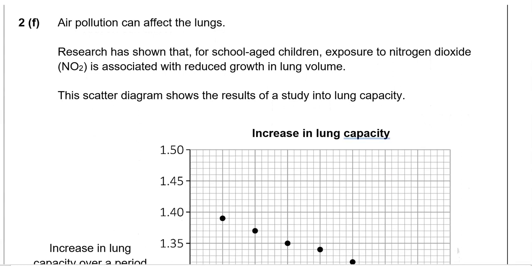Air pollution can affect the lungs. Research shows that for school-age children, exposure to nitrogen dioxide is associated with reduced growth in lung volume. This scatter diagram shows the results of a study into lung capacity.